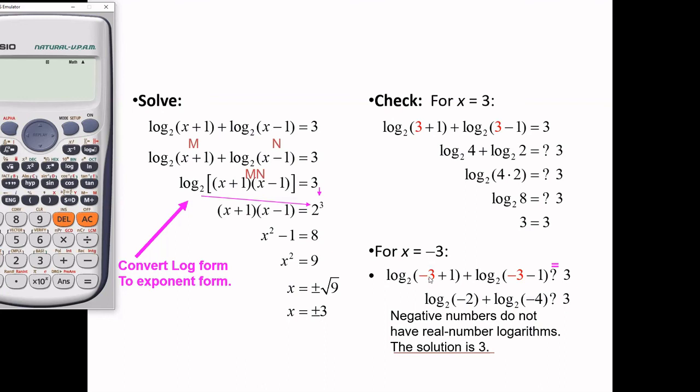If we put -3 in here, that gives us a -2, and that gives us a -4. And you cannot have logarithms with negative arguments. You cannot have logarithms with negative arguments.